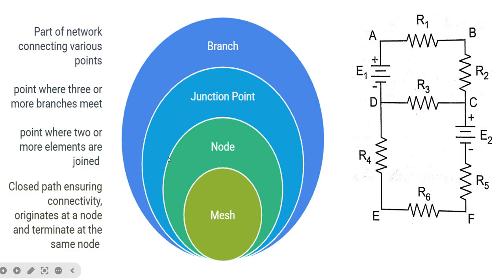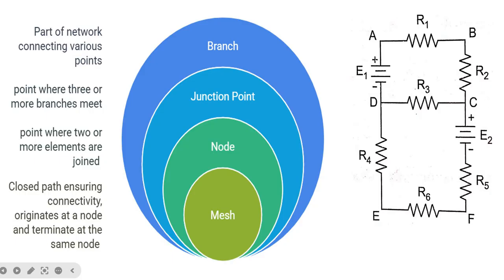Next, we'll see what a mesh is. A mesh is also called a loop, and it is a set of branches which form a closed path. Here you can see, if we take C, F, E, D, C, this forms a closed path.